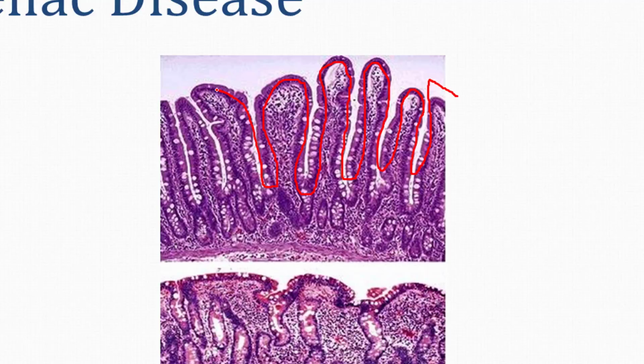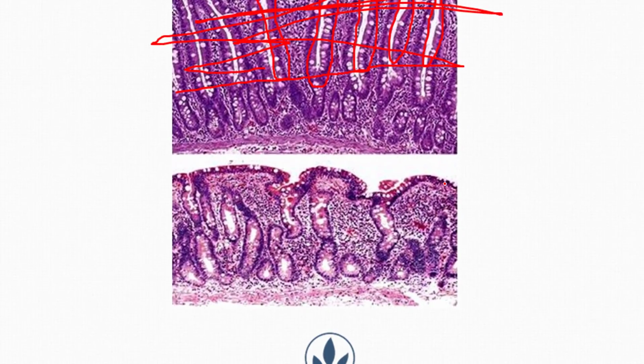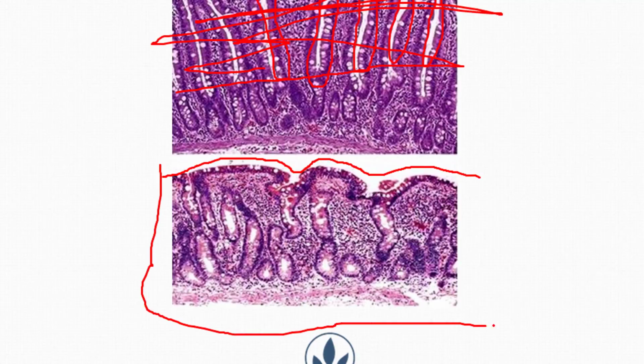But when we have celiac disease and we ingest gluten, then our immune system starts attacking all of these cells, and it just blunts, what we call blunts, all of these villi. So then your intestine is flat like this, and you don't have all of those little villi. And this is what the intestine of someone that has celiac disease looks like.